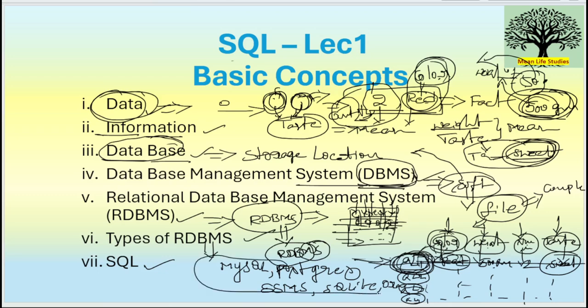These are all software tools that we use to create and modify the data, I mean the databases. In databases, we are storing the data only, right? But we'll be storing relational data, I mean tabular data. So those are called relational database management systems, because there is a relation between rows and columns.